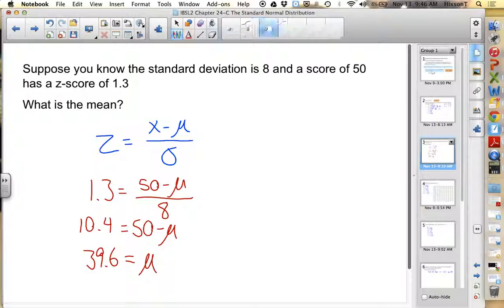Okay? So there's a case where you have a z value. You're able to use that then to find the mean. Or if you knew the mean but not the standard deviation, you could figure that out. Okay? That may even be a more likely situation where you know the mean but you don't know what the standard deviation was.